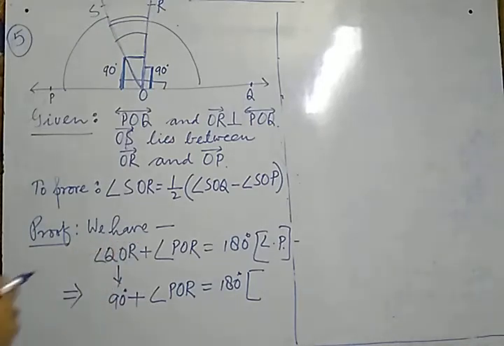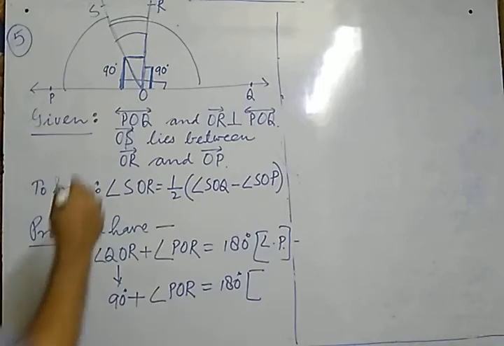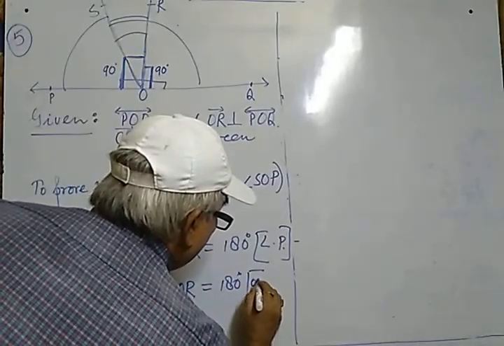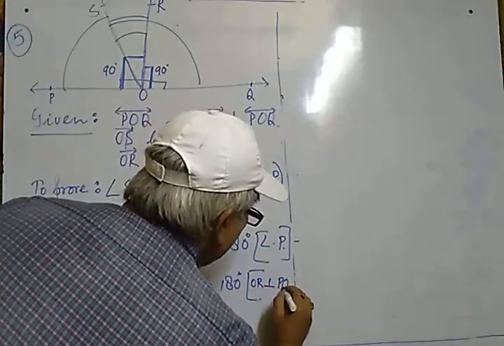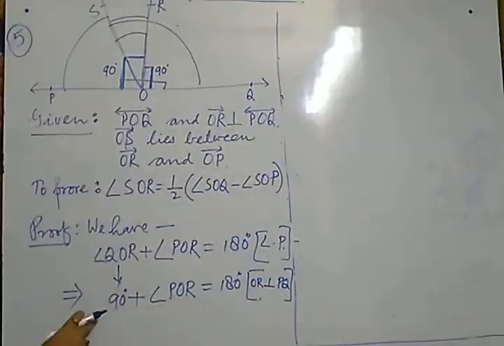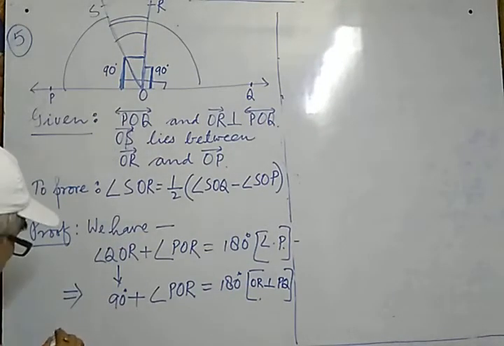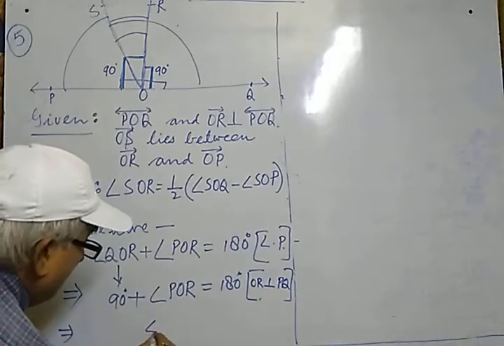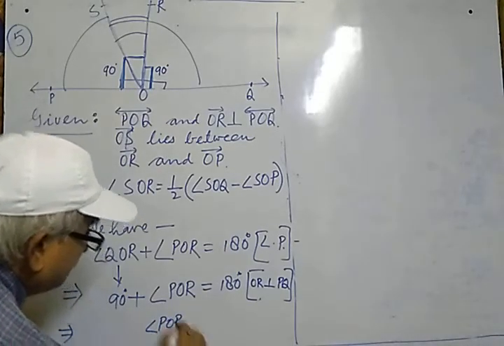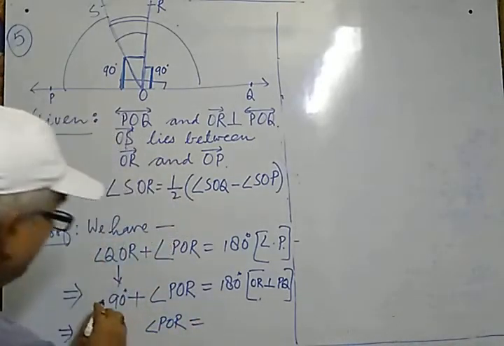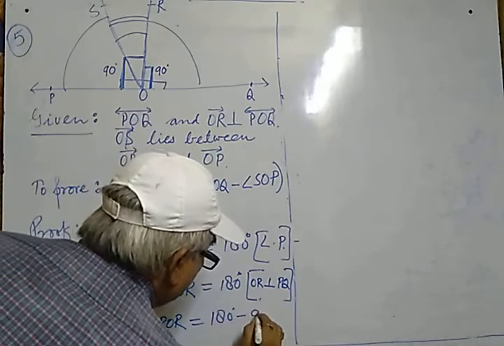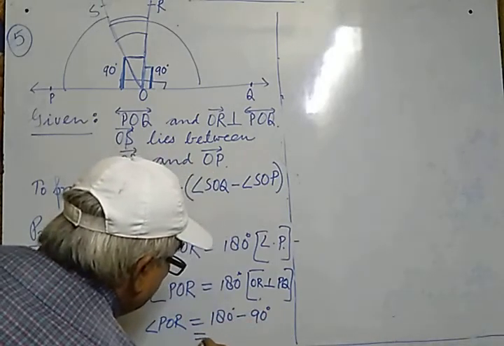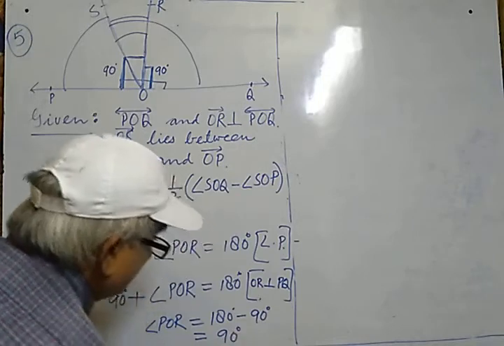You have to write reason also, because OR is perpendicular to PQ, it is given there. Only then this value of angle is 90 degree. Now this implies angle POR equals, this will be transposed to the right hand side, so that will be 180 degree minus 90 degree, and that is equal to 90 degree.